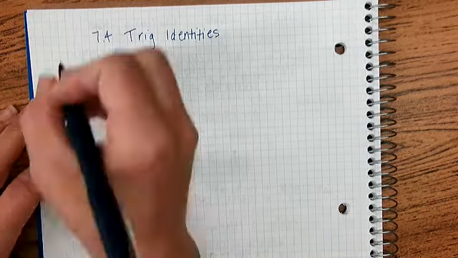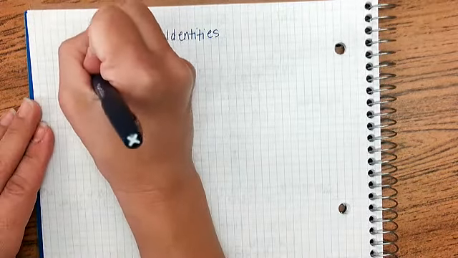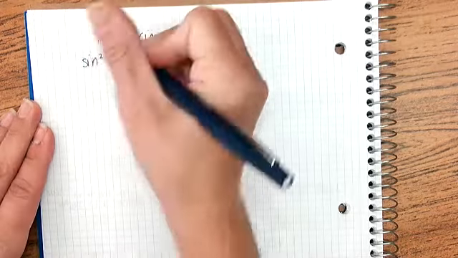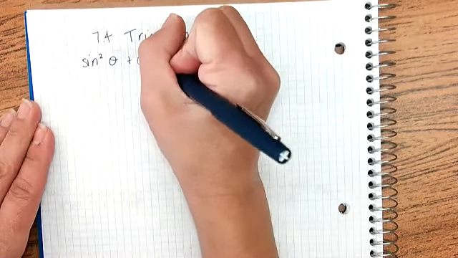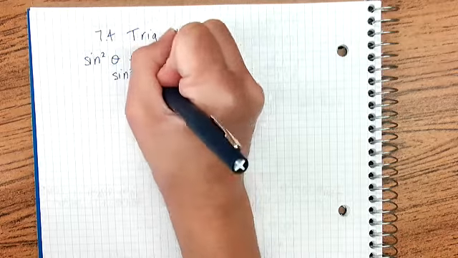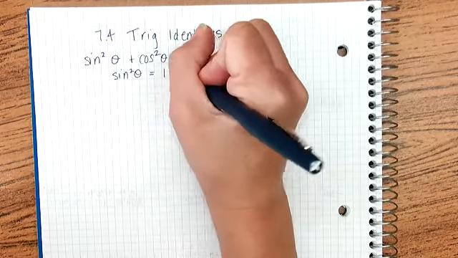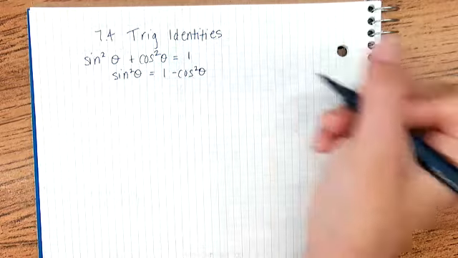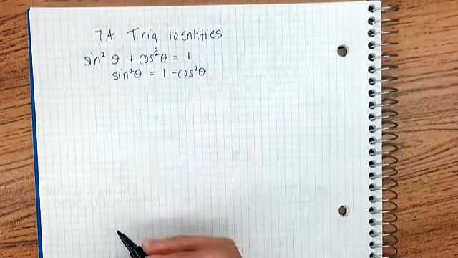So to begin, we're going to start with the primary identity, which says sine squared theta plus cosine squared theta equals 1. And there are several variations of this identity. You can subtract cosine squared from both sides. This is the difference of two squares.